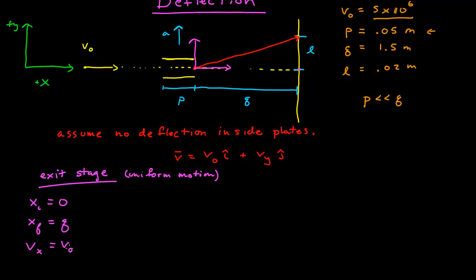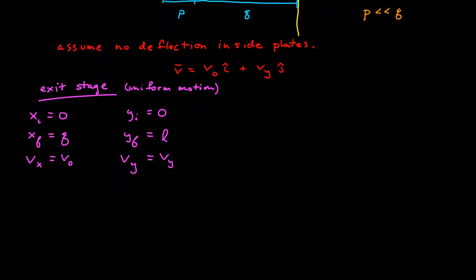There's no acceleration here, uniform motion. In the y direction, the initial position is 0. My final y is the deflection L, and my final Vy, I don't know what that is. That's what I'm going to acquire in the first stage. Okay, so how does this link now?